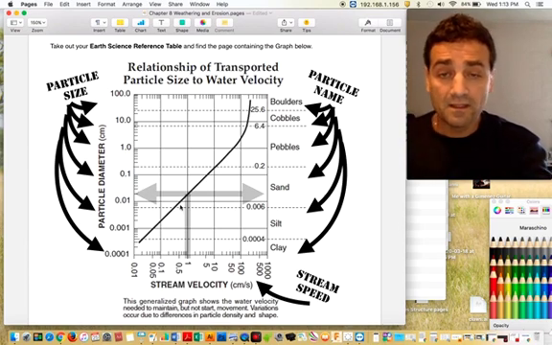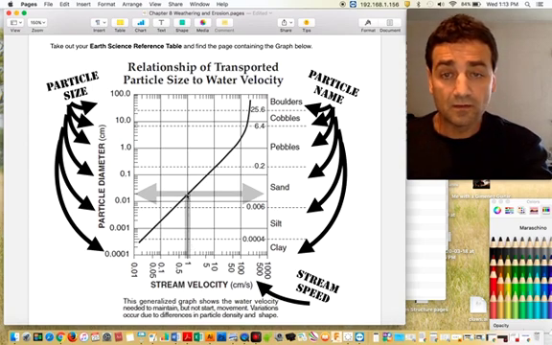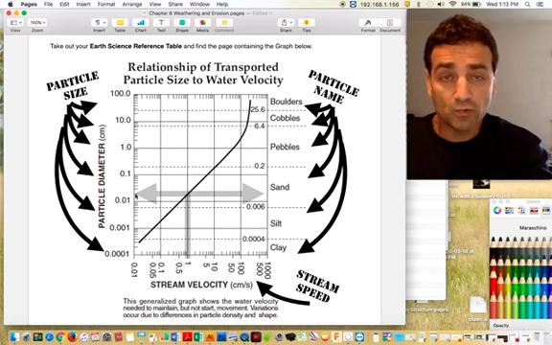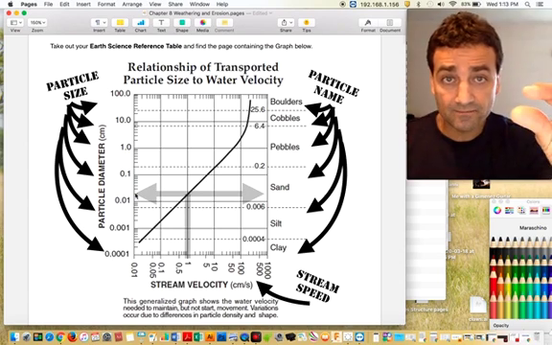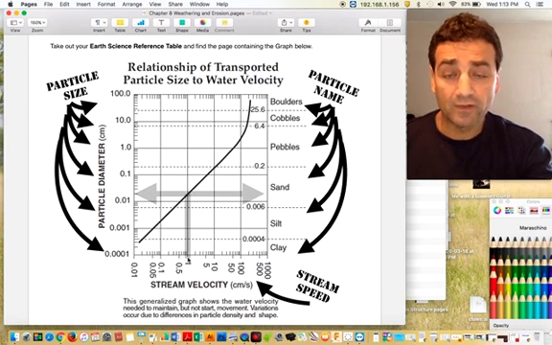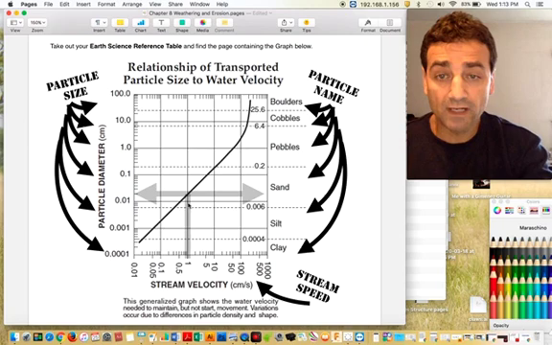So water moving at 1 centimeter per second can move a particle size that is 0.02 centimeters in diameter. Okay, one more time. A stream flowing at 1 centimeter per second can move a rock particle the size of 0.02 centimeters.